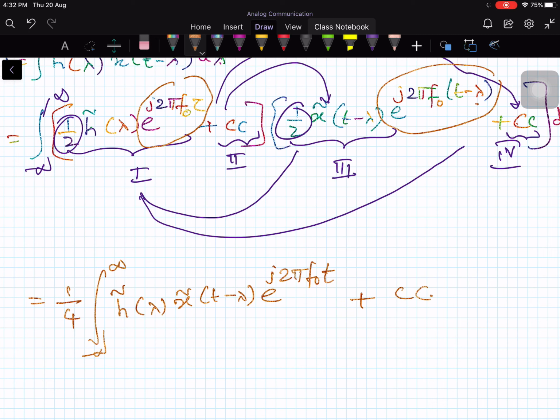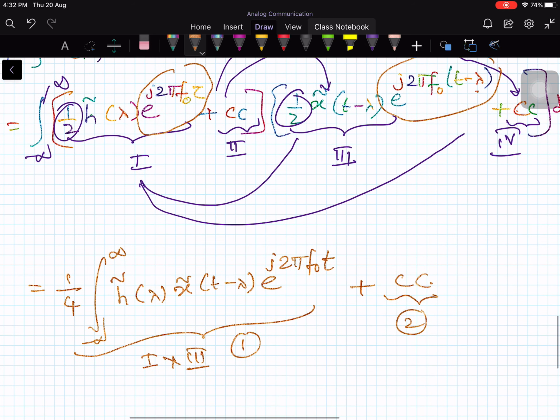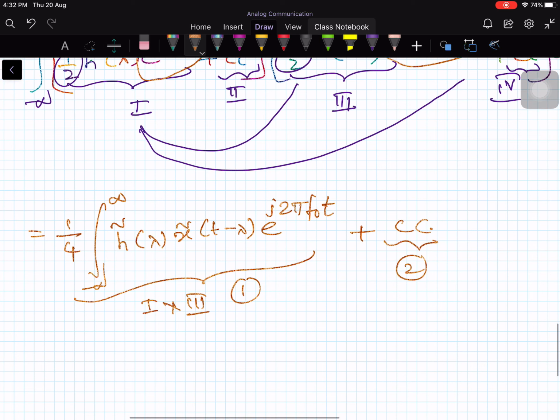So let me call this the first term with the third term, this is 1 with 3, and the second term is 1 with 4. Okay, plus one more term, plus 1/4. No, the second term is the complex conjugate of the first term.